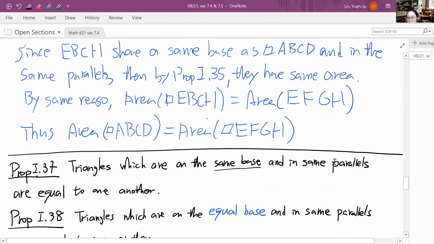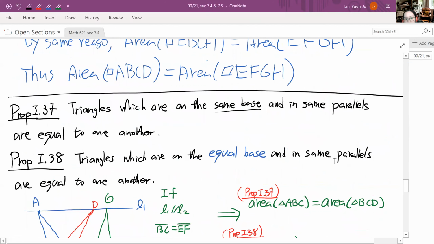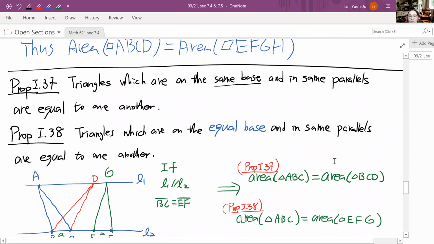Okay, so the last thing I want to talk about in section 7.4 is that we compare two parallelograms, where either they share the same base or equal bases, right? And we know that the outcome is the same. If they're in the same parallels, it doesn't matter whether they share the same base or equal bases, they're going to have the same area. And you can imagine if we cut the parallelogram in half, then they become triangles.